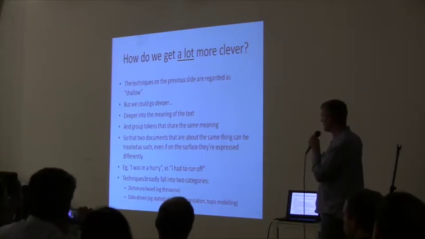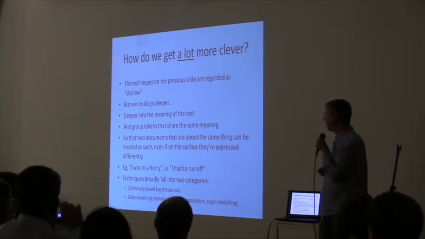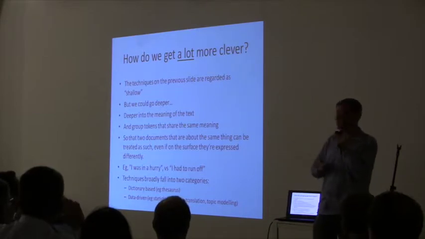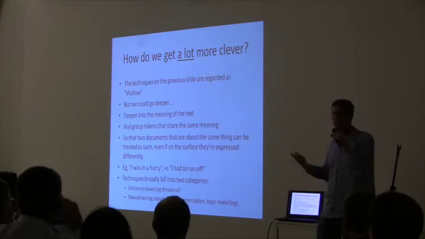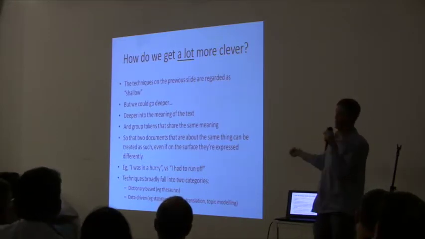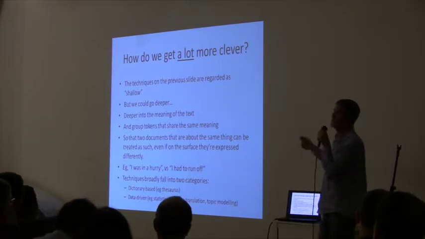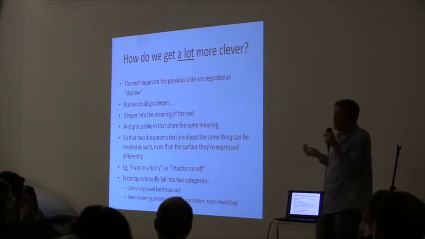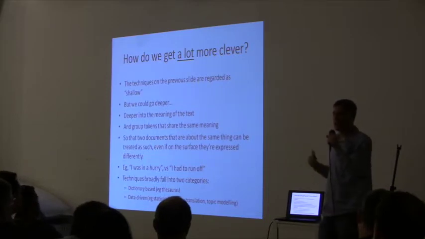The other is a statistical data-driven approach. There are pros and cons to each. The first one is very hard to maintain, and you need one for each language. Even once you've got it, you've got to keep maintaining it and keeping it up to date. It's very hard, but it's obviously much more accurate. The second one is less accurate, but you don't need any domain knowledge. You don't need the dictionaries. You can just always retrain your model if you have enough data.